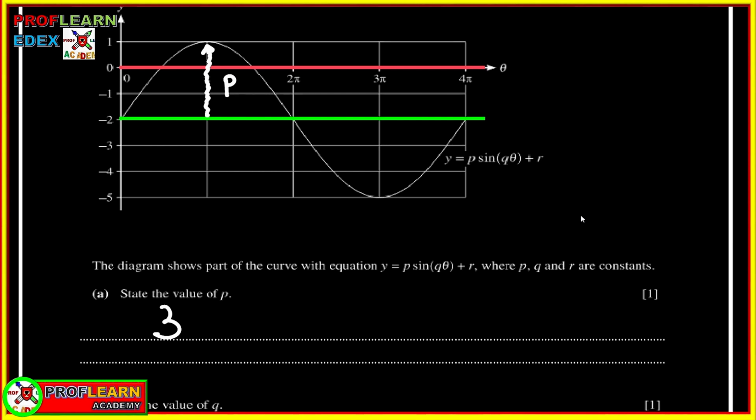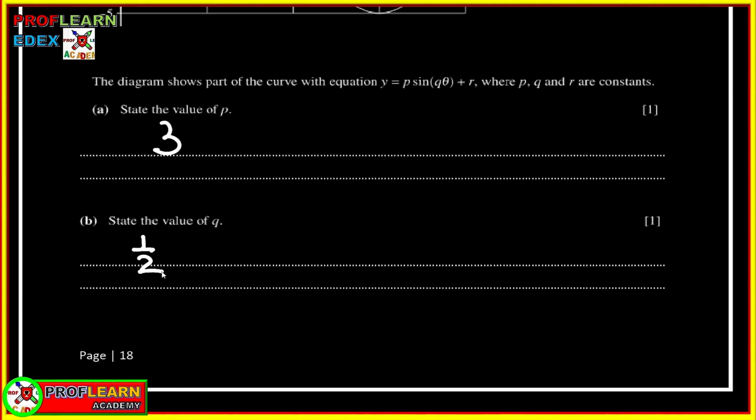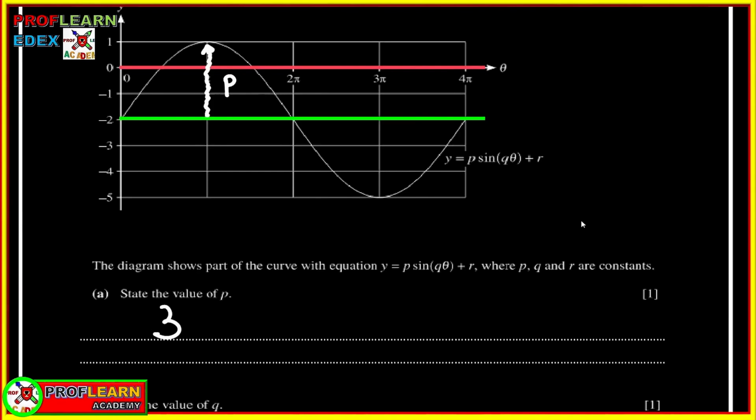Then we are supposed to find the value of Q, and actually Q is a half. The reason why I've said Q is a half is because a sine wave has a period of 2 pi, meaning a full wave fits in 2 pi. But when you look at this wave that we have here, only a half of the wave fits in 2 pi.